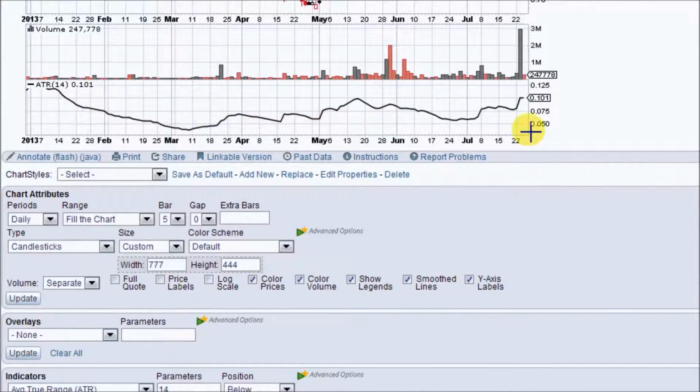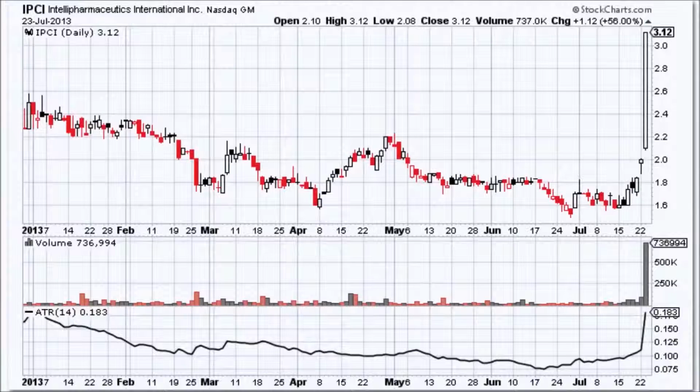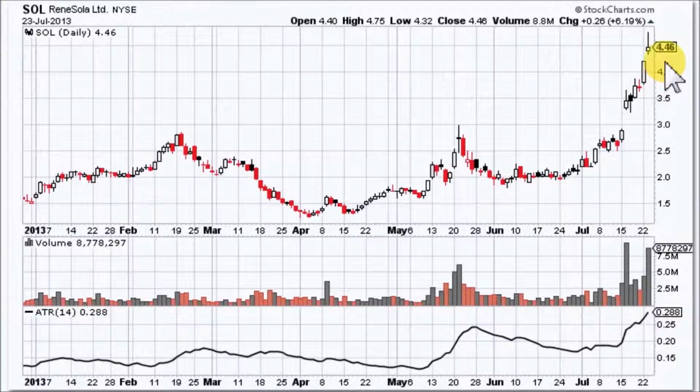Go ahead and click on Update, and here is the ATR. It is a single line. Now the value of the ATR totally depends upon the price of the stock. A stock under $2 is going to have an ATR at about 0.1. A stock in the $3 range has an ATR closer to 0.2. A stock in the $4 to $5 range has an ATR closer to 0.3.